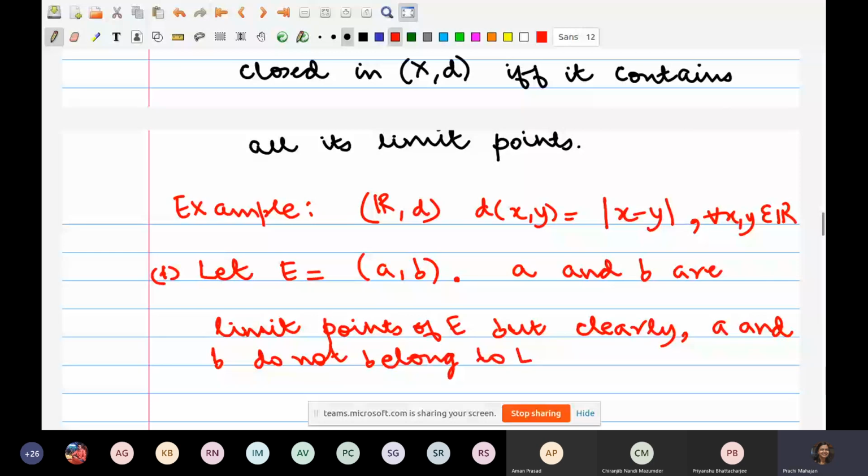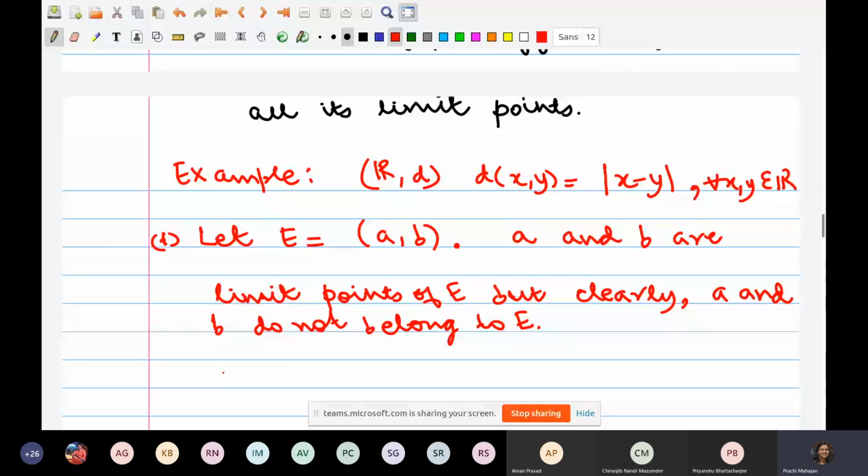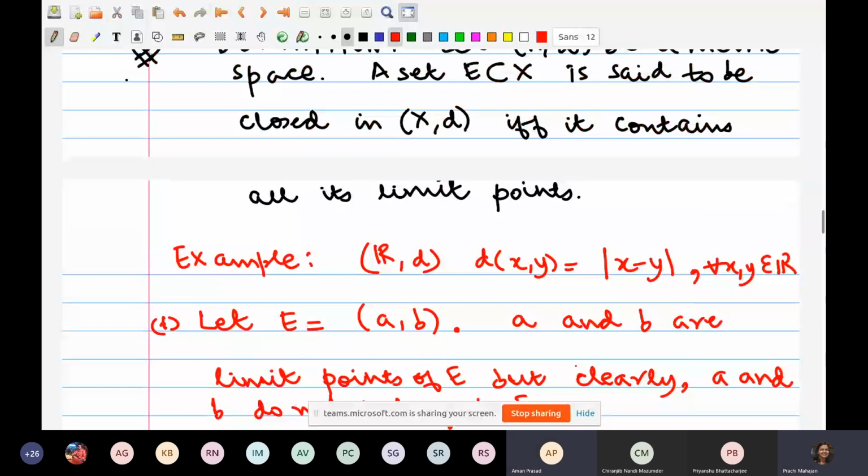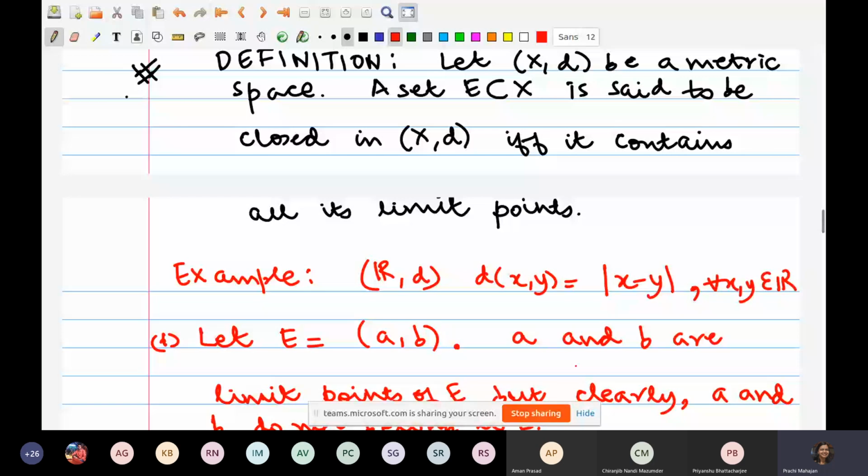The set E in example 1 is not closed. In which metric space? In the Euclidean metric space R. Is this okay? Does everybody see this example? Yes, ma'am. Let's move on to one more example.